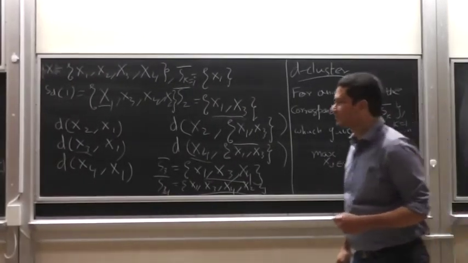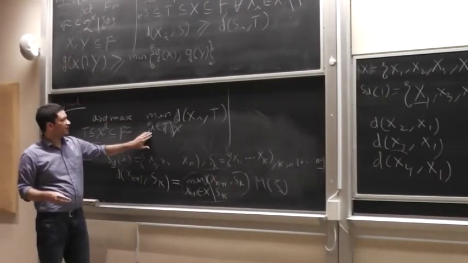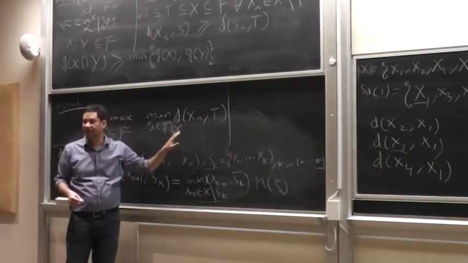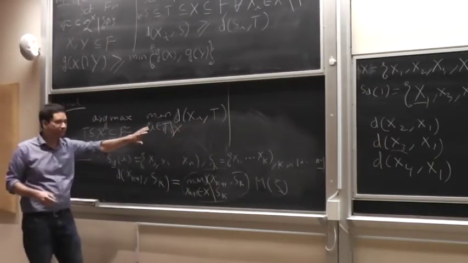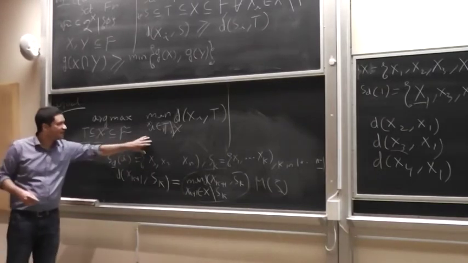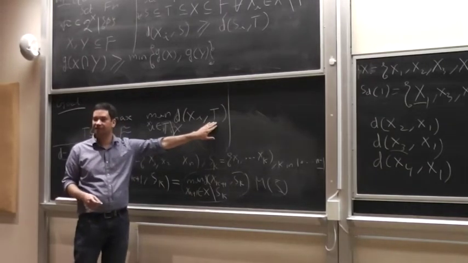Remember, there we had a minimum, but here we have a maximum, because that's the end goal. The intuition is as follows: we're looking at the single element that gives you a minimum with respect to a given set. So this is an element-to-set function that gives you the minimum. But we want to maximize that minimum as much as possible, and you want to choose that kind of set.